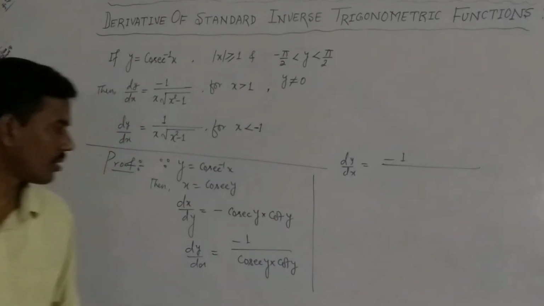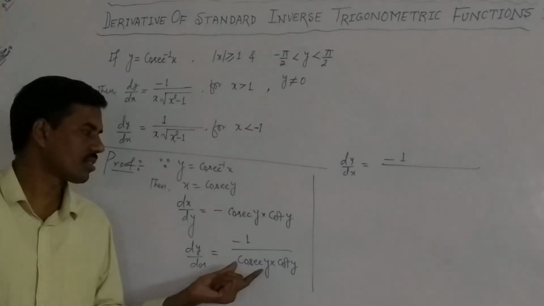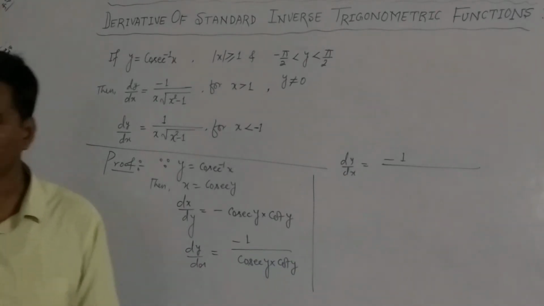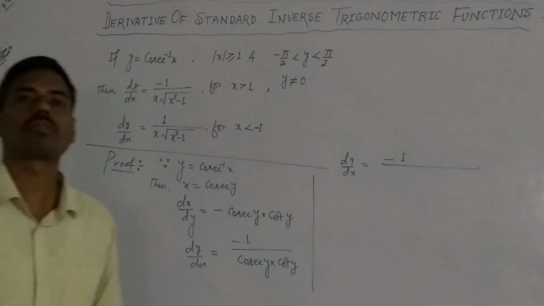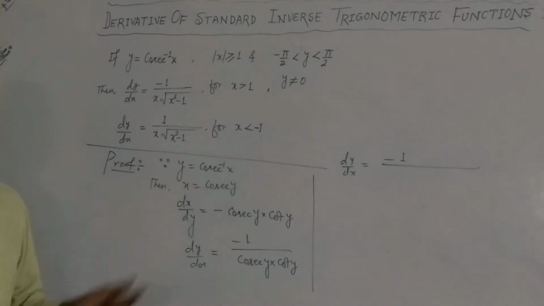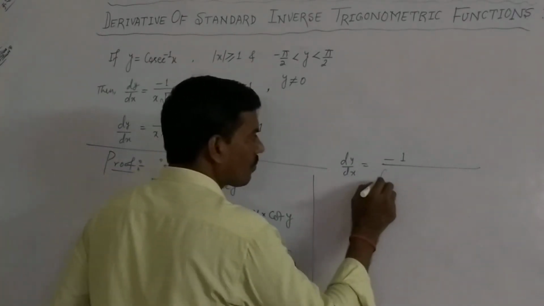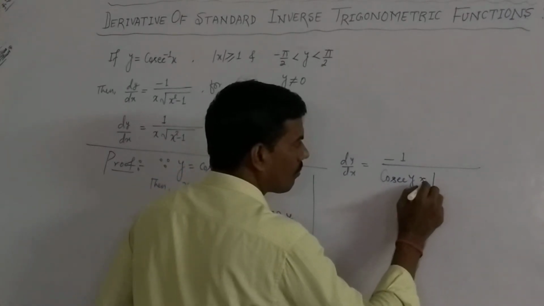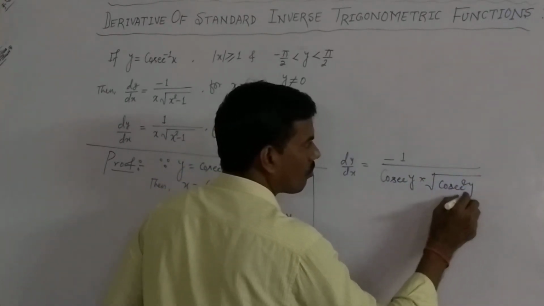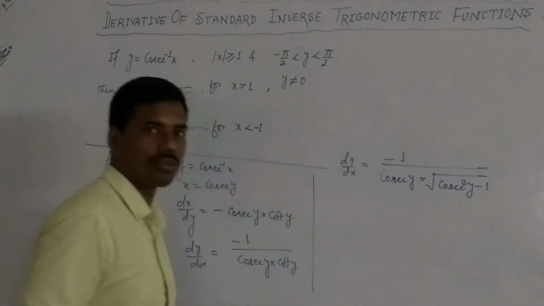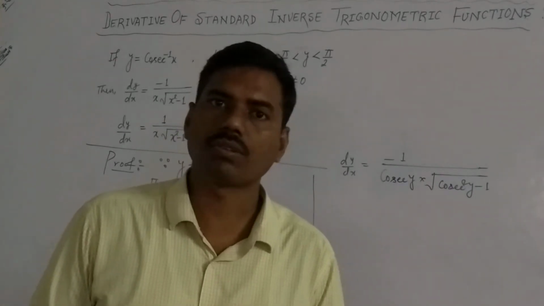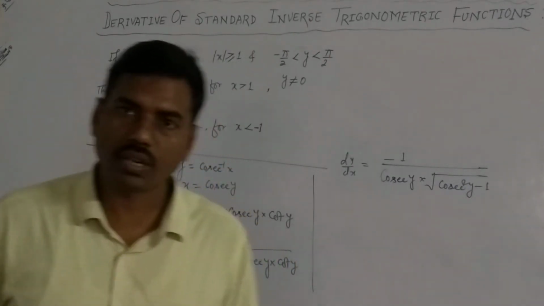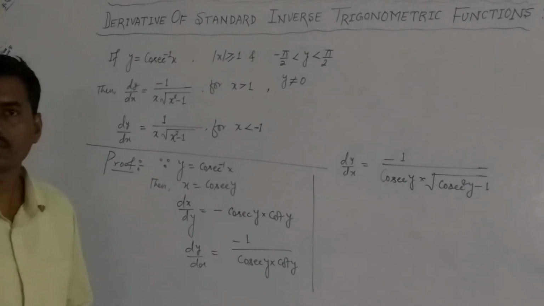So cosec y can be replaced by x easily, but cot y cannot be replaced by x directly, so we have to convert cot y in terms of cosec y, because cosec y has a relationship with x. How can we write this? Copy and paste cosec y. cot y means under root of cosec square of y minus 1, since we know that 1 plus cot square y is equal to cosec square y. Here we have cot y, and we have to convert cot y into cosec y because we have to replace it with x.